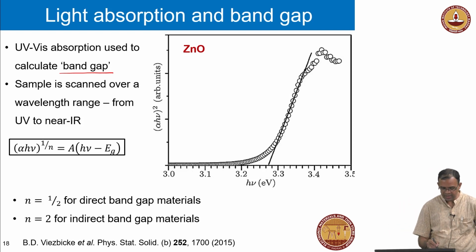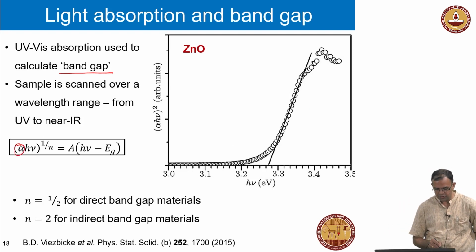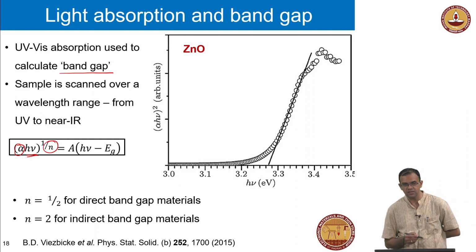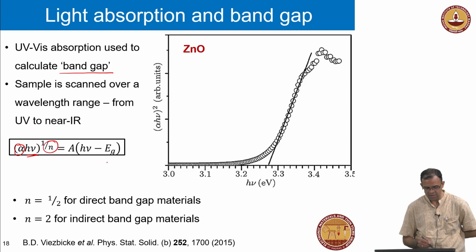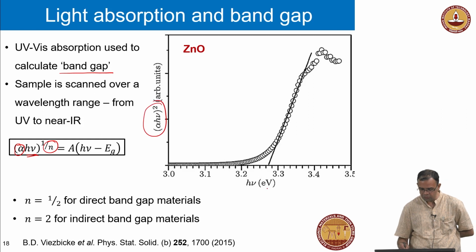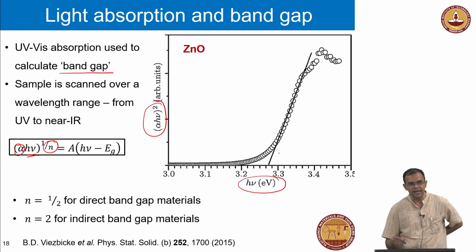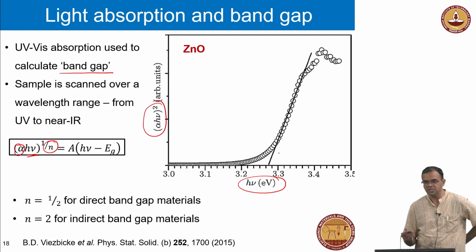Here alpha is the absorption coefficient, h nu is the energy, and n depends upon whether I have a direct or an indirect band gap semiconductor, and that is just given by h nu minus Eg. So we make a plot of (alpha h nu) to the power n versus h nu, and the x intercept gives us the band gap.